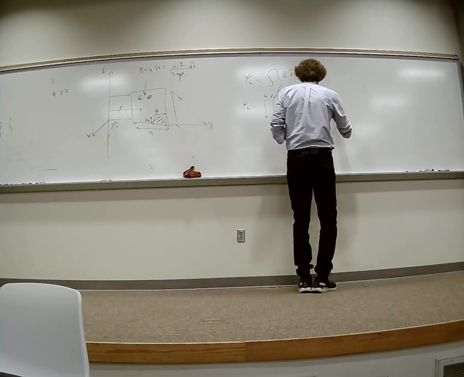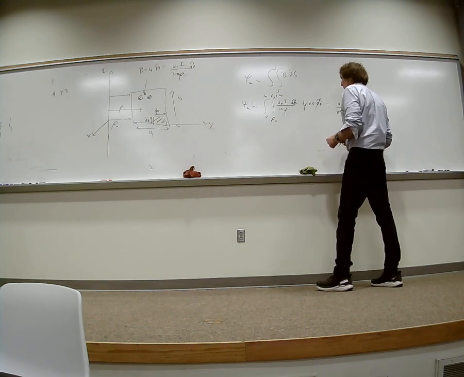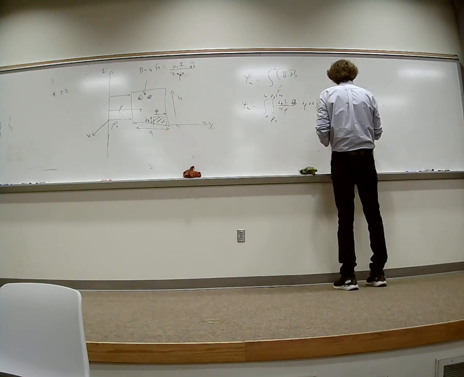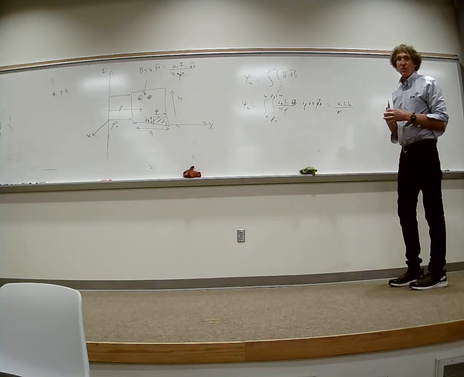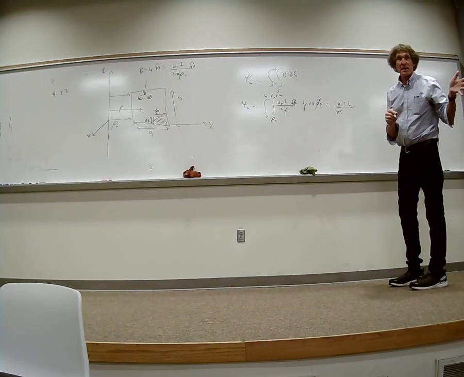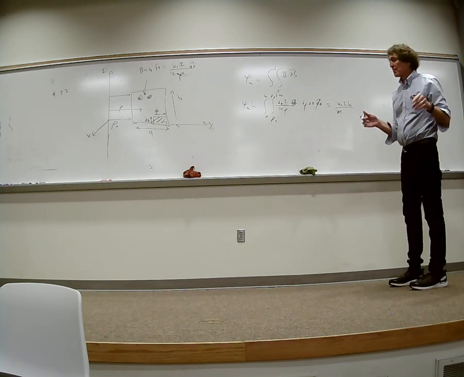And what's that going to be? Well, I'm going to have mu 0 I over 2 pi. Now when we integrate dz, we get z evaluated from 0 to H, which is just H. And when we integrate 1 over rho d rho, what do we get, class? Natural log, right? Can everybody follow me on this? There's nothing tricky at all.